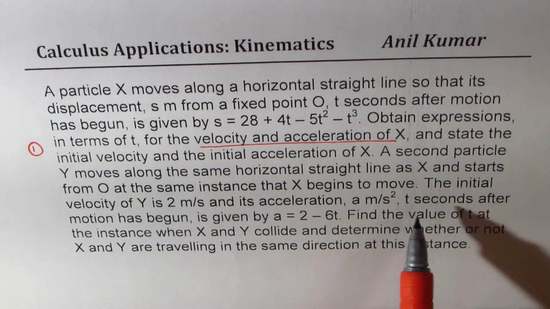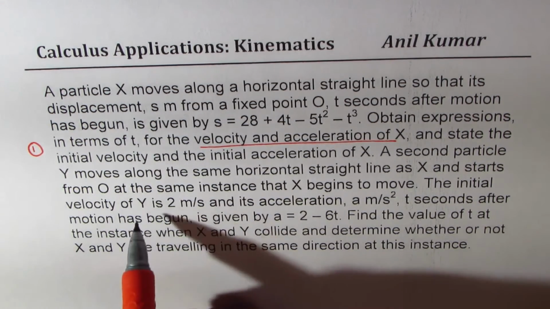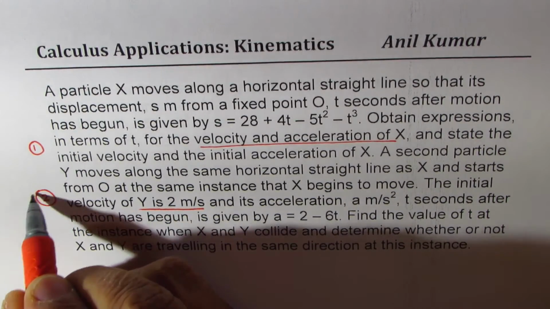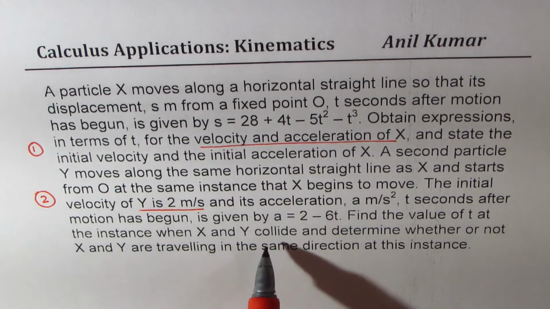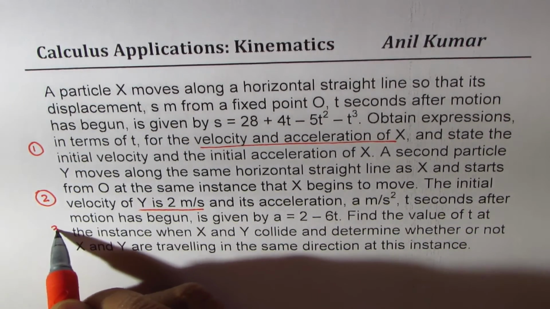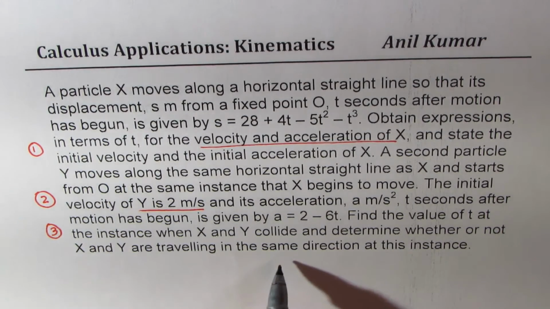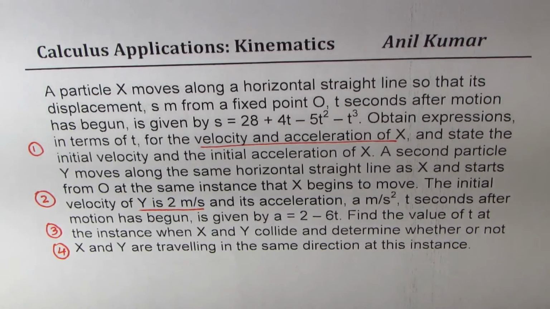Then we'll look into y, and for y we'll get the equations for velocity and displacement. Then comes the third part, which is about colliding, when do they meet, and the fourth part is the same direction or not. So there are four things which are very critical to be found correctly to answer this question. Now let's begin one by one.